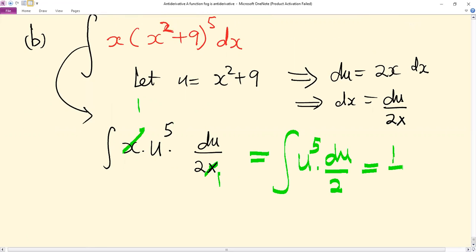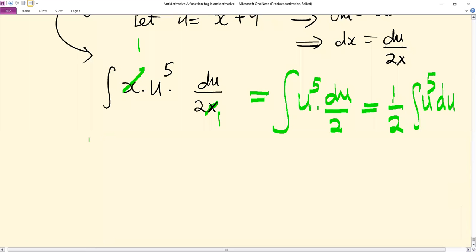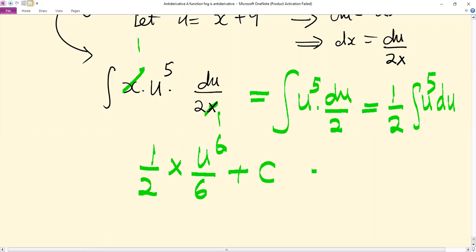Then you factor out 1 over 2, integral of u power 5 du. So that will give us a half times u power 5 plus 1, which is 6, then plus c. So this will be 1 over 12 u power 6, then plus c.